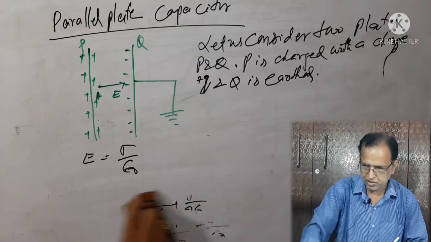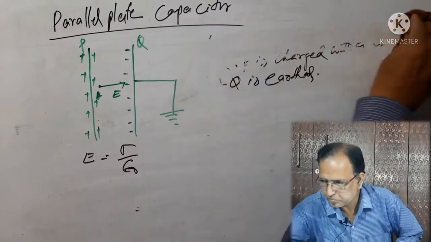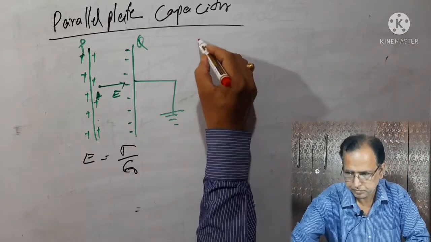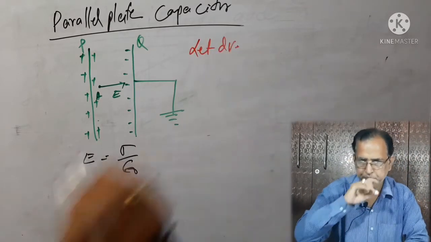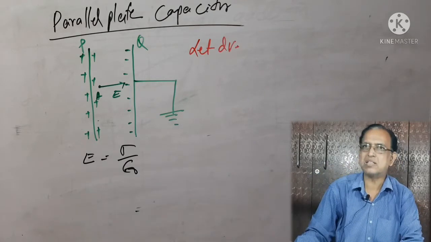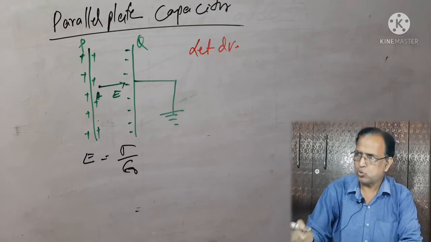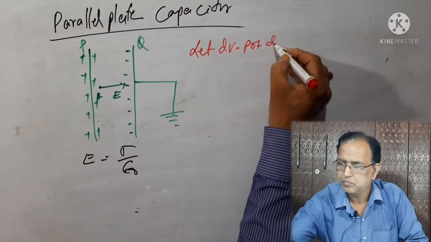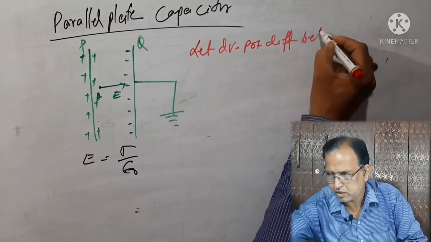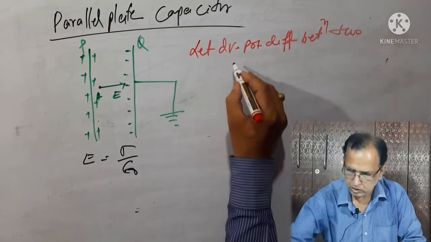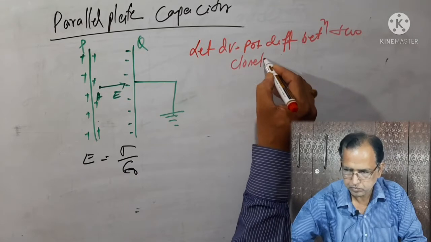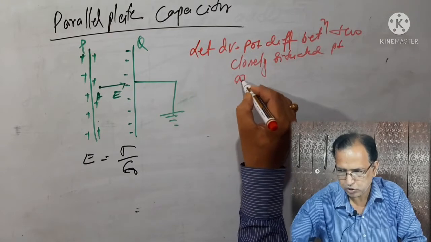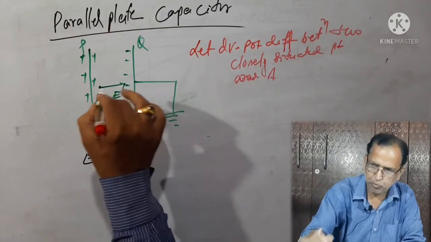Suppose now dV is the potential difference between two closely situated points around A. So, around A there are 2 points.